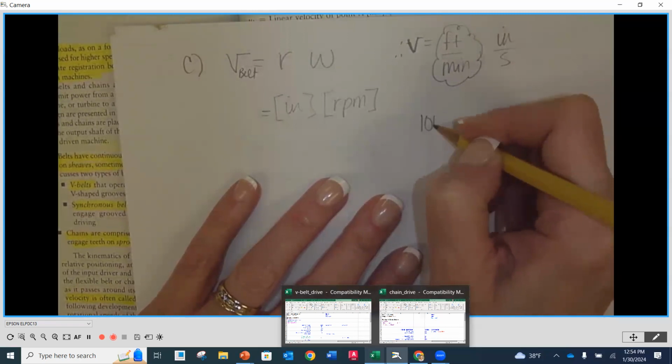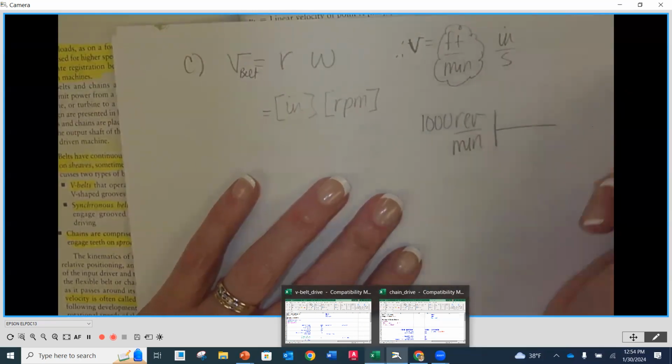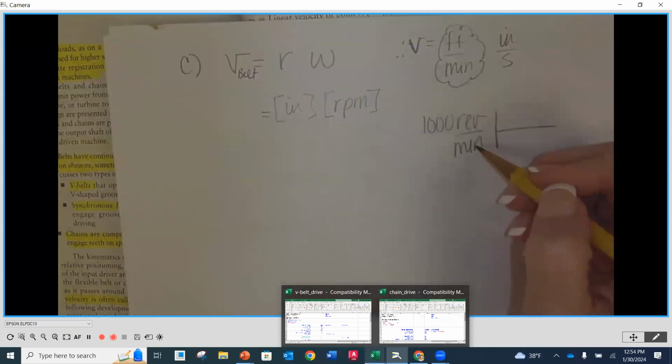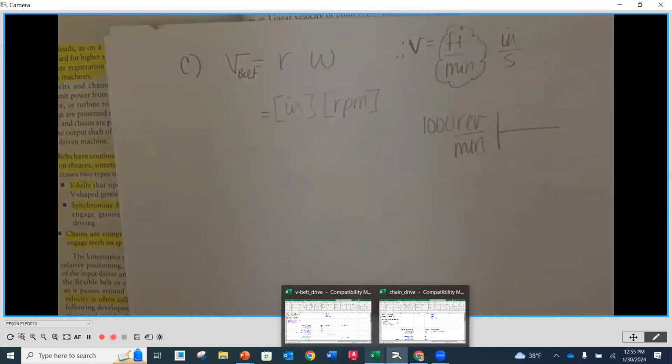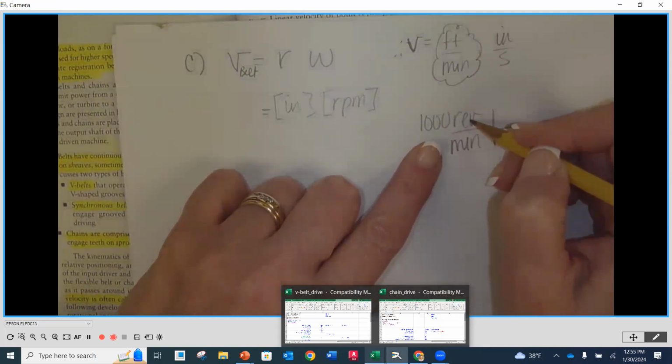We know that we have 1,000 revolutions per minute. Do not write RPM. You need to write this so that revolutions is on the top, in the numerator, and minutes is in the denominator. This is not a slash, because we're going to multiply across the top and divide by the bottom. So now we're going to get rid of our revolutions.